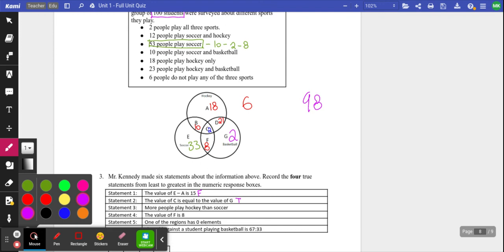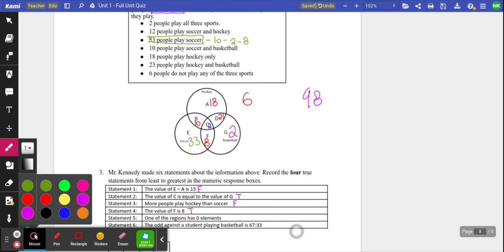Let me just make sure that's right. Yeah, more people would actually play soccer than hockey, so that's false. The value of F is 8. That's actually true. One of the regions has 0 elements. That's false. And the odds against a student playing basketball are 67 to 33. If you look, that actually is true.